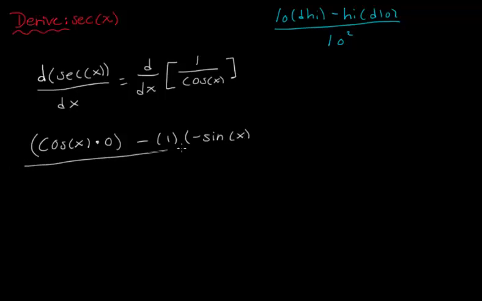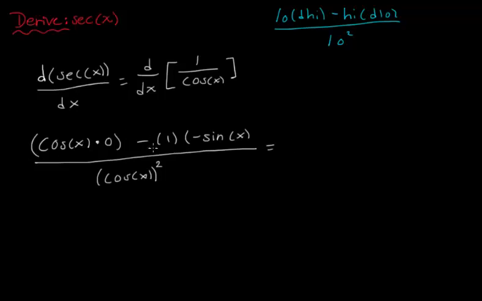Alright, and that's all over, let me draw that line better. It's a little askew. Alright. So all over our bottom function squared. So cosine of x, quantity squared. Alright, so let's simplify this a little further. Well, we have cosine of x multiplied by 0, and we can kind of just cross this off because that's going to make that whole term 0.